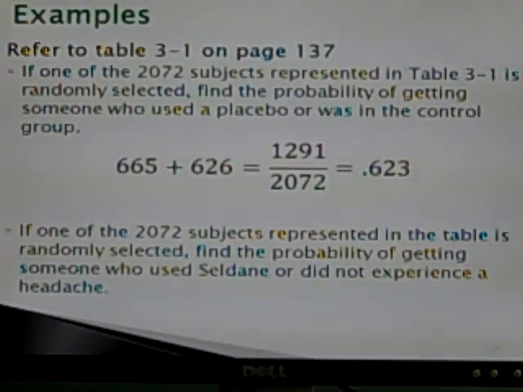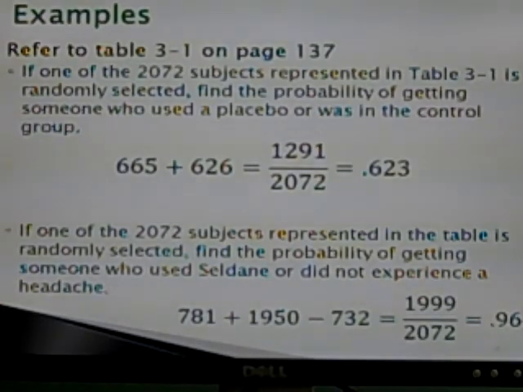Well, if you look on your chart, you'll notice that for these people, there is an overlap. So you'll notice in my problem, I found the total amount of people who used Celandine, which was 781. I found the total amount of people who did not experience a headache to be 1,950.